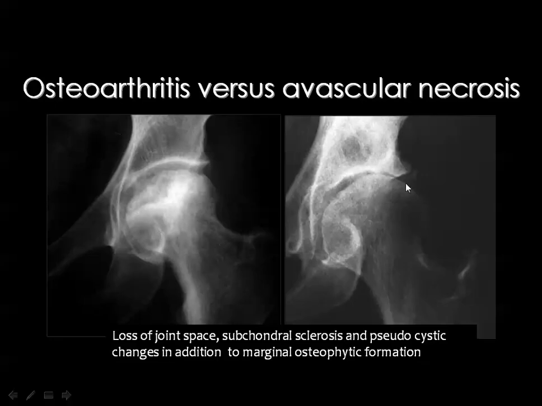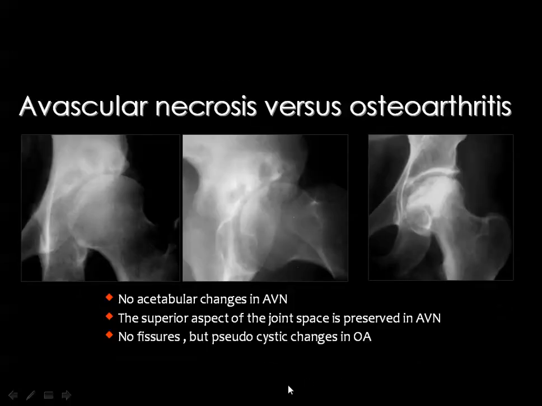But here you see that the superior lateral aspect is obliterated or markedly narrowed. There are osteophytes, there is subchondral bone sclerosis, and this is osteoarthritis. And this is the difference. This is avascular necrosis, and this is osteoarthritis of the hip.